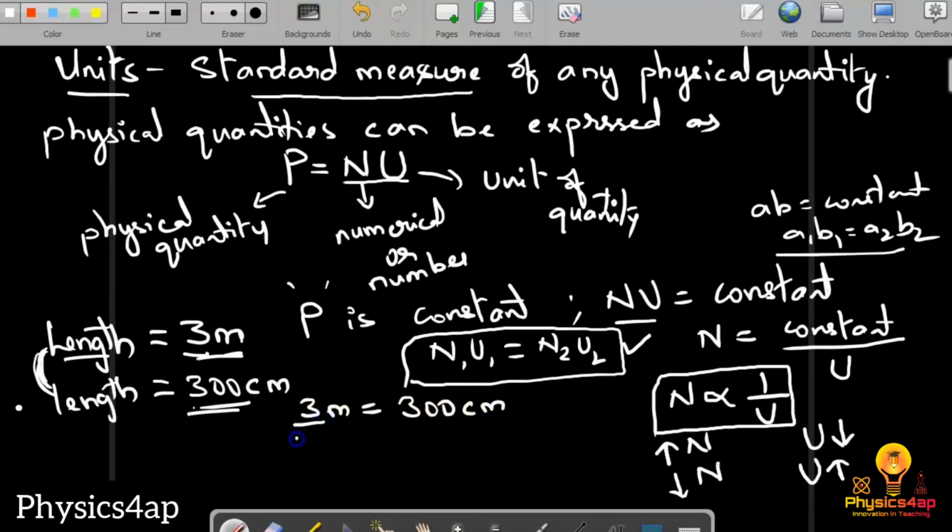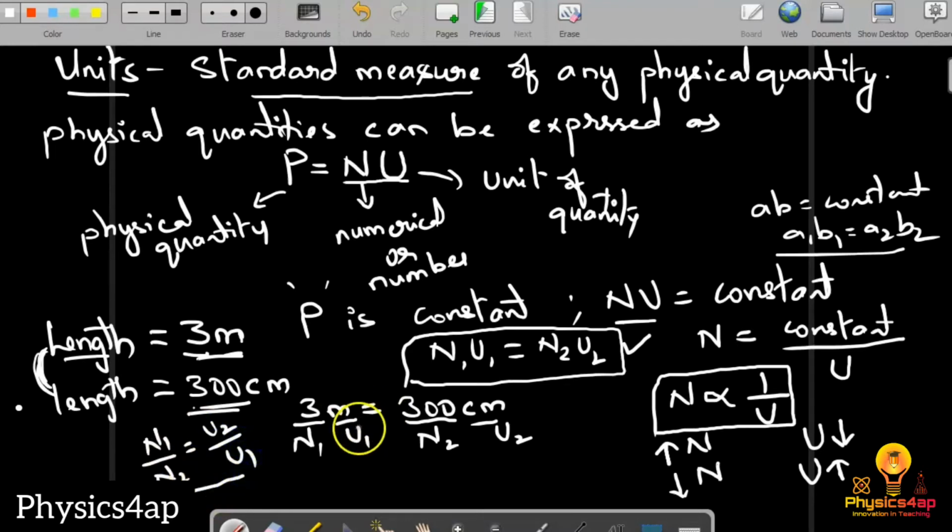So 3 means n1, 300 means n2. క్లియర్? m means u1, that is m means meters, and cm, that is centimeters, you can write it as u2. So దీనిని ఎలా రాసుకోవచ్చు అంటే n1 by n2 is equals to u2 by u1.